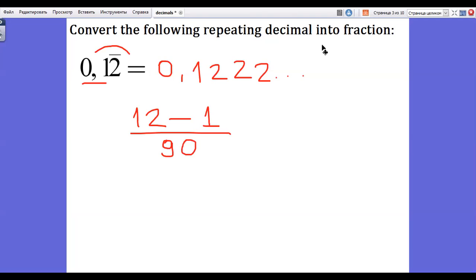Okay, if you would have, let's say, in fraction part 2 repeating digits, then here in denominator you could write 2 9s. But in our example, we have only one repeating digit and only one non-repeating digit. That's why we have only 1 9 and 1 0, which will be 90. After, I will subtract from 12 1, which will be 11, and denominator is 90. Okay, and this 11 and 90 is gonna be your answer.